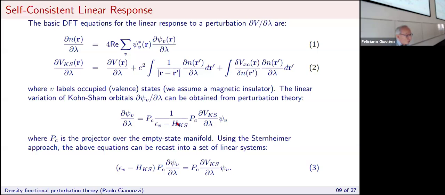Instead of performing the sum, you transform this into a linear problem. You write this quantity here, which is the Green's function basically, times the quantity I want to compute, equals something I know. This is a linear equation. It's a linear problem that can be solved as a linear system.